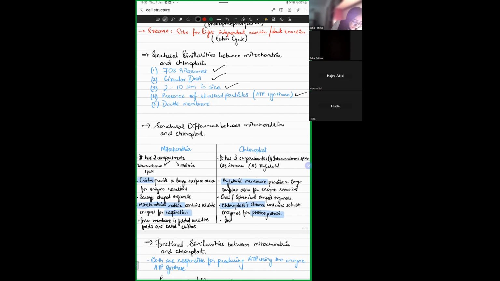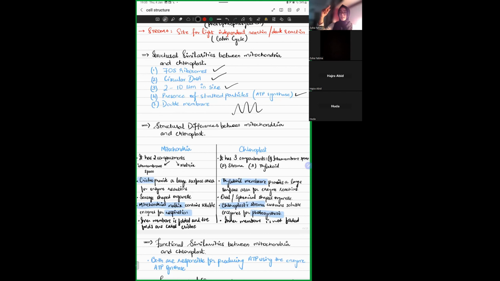And the inner membrane of chloroplast is not folded. So basically, one of the structural differences between mitochondria and chloroplast is that the inner membrane of mitochondria is folded, something like this.